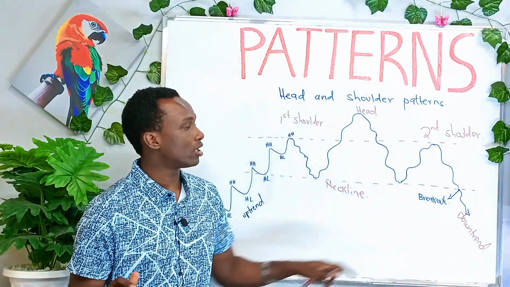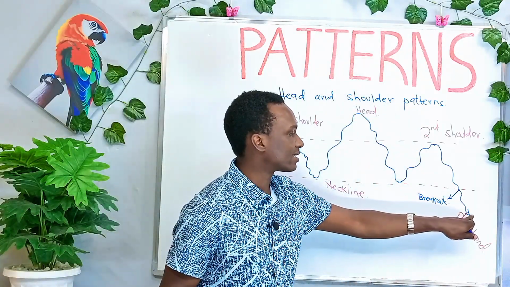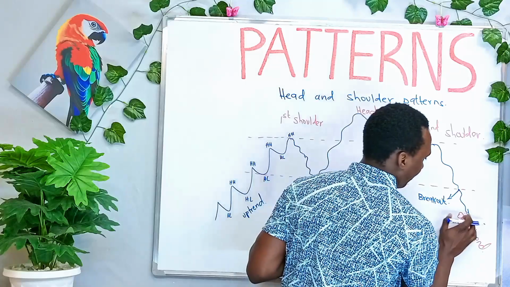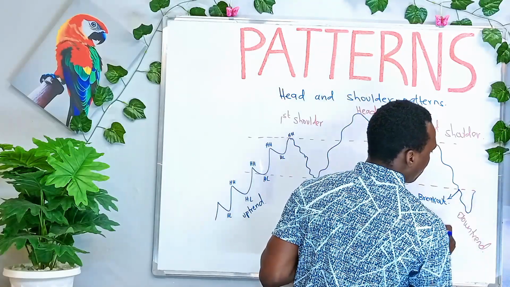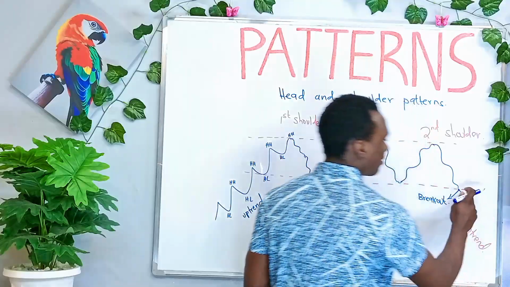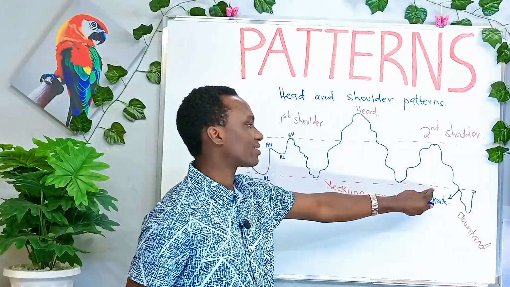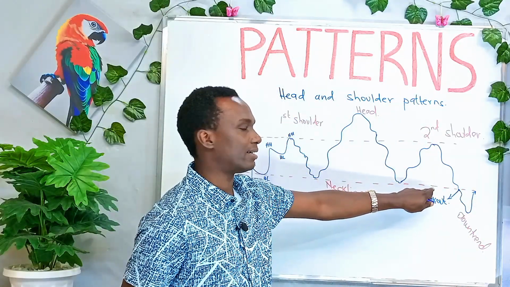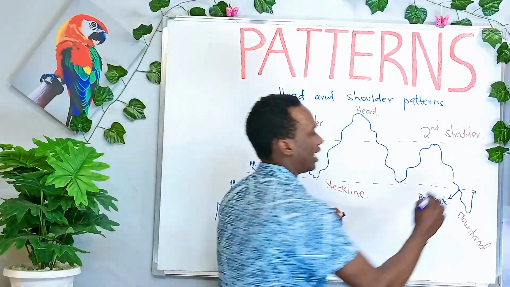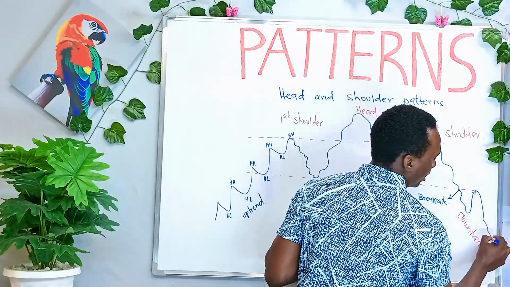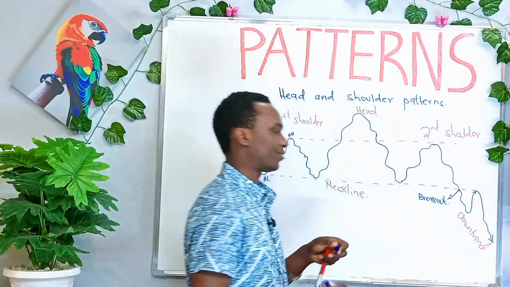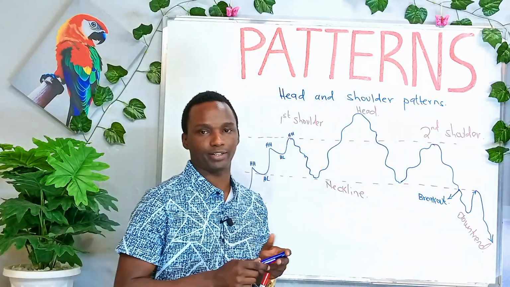More often than not, you will find that this trade will tend to hit a pullback, testing this previous support area. It now becomes a resistance, and the price will go into a downtrend.